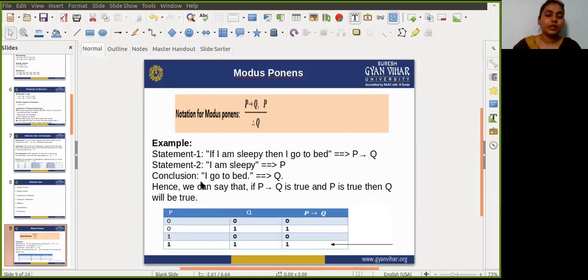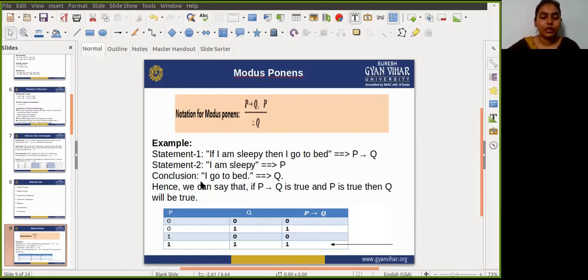Means the value of P implies Q, with conjunction with P, is true. So if they give a value true, then definitely in that case Q will also be true.